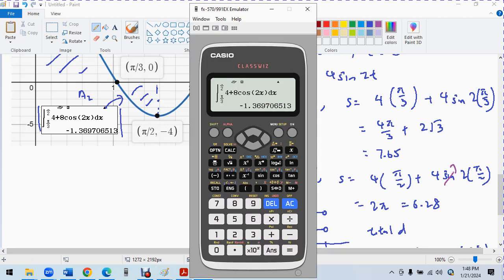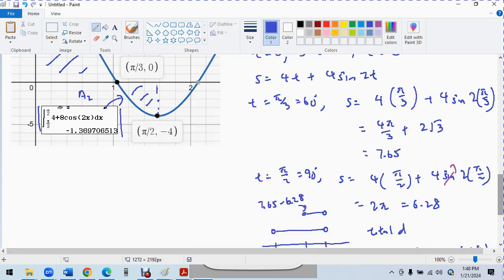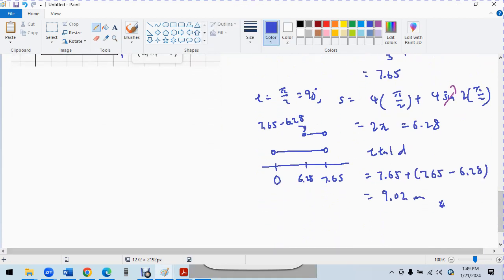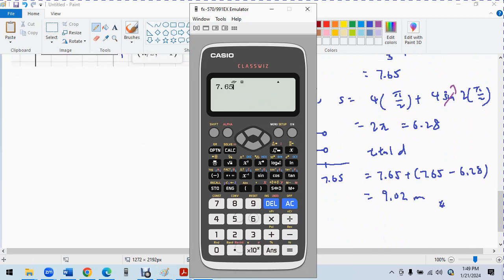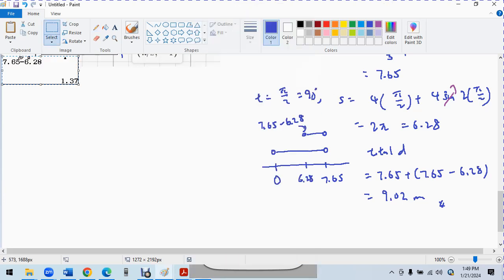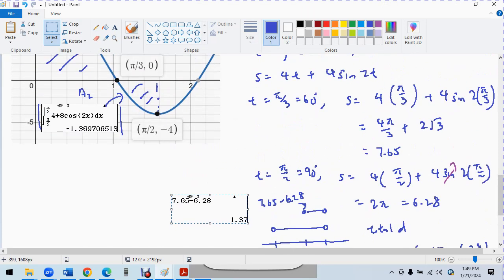So just now, 7.65 minus 6.28 is actually 1.37.